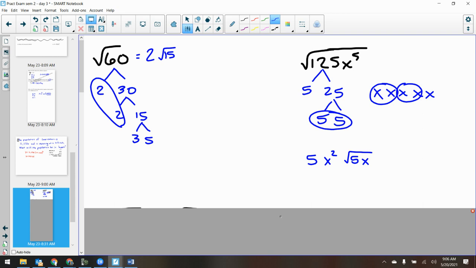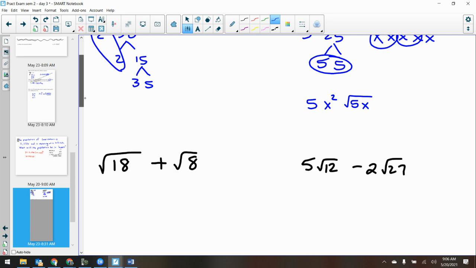I've got a leftover 5 on the inside, and then a leftover x on the inside as well. That makes sense. Right? So 5x squared, radical 5x. Remember, anything that doesn't have a buddy stays on the inside.